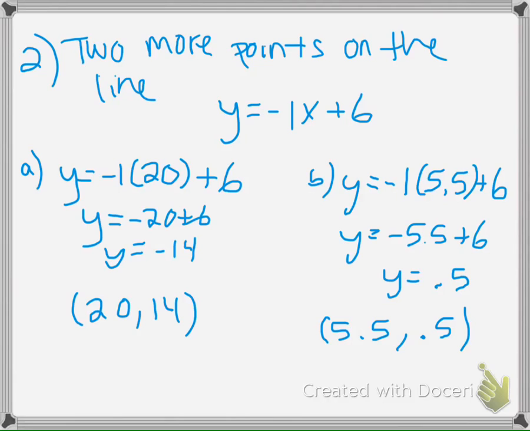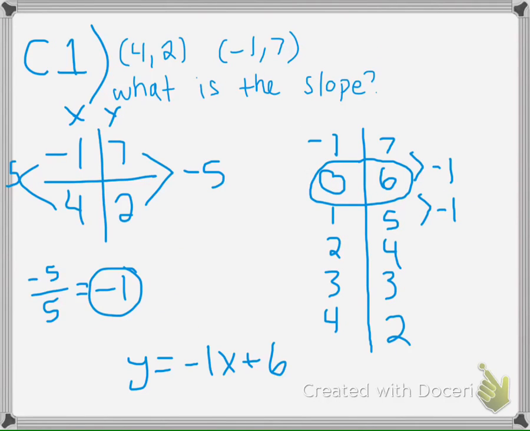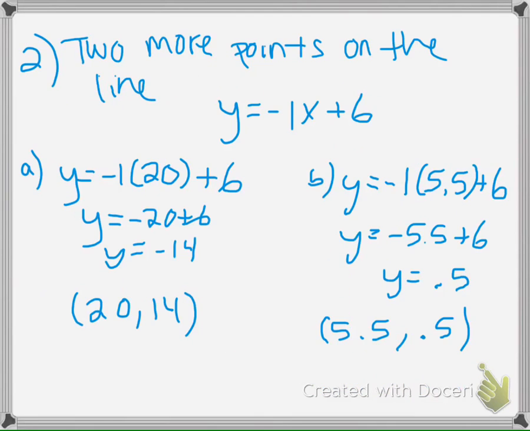And then I can show you on my table how that could be true. Because I know that if I continue my table and subtract 1 here, I get 5 and 1. Now I want to go a half, which means I only have to subtract a half, which means I get 0.5. So this, 5.5 and 0.5, is the same coordinate point as this.